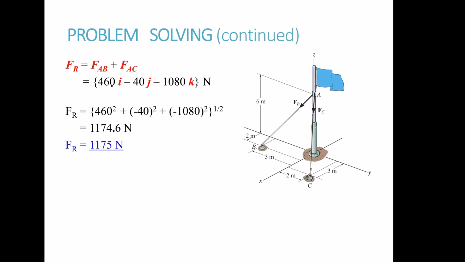We add the individual components together, and here's the result. Then you use the Pythagorean theorem to find the magnitude of that vector, and it comes out to be 1175 newtons. And then you use that to find the direction cosines, so that we find the angles.